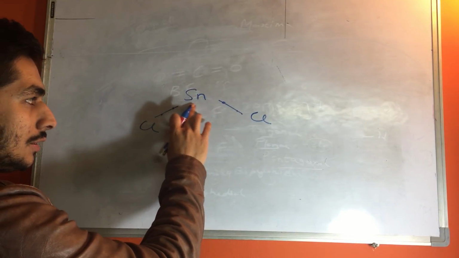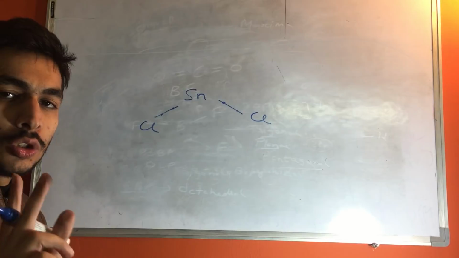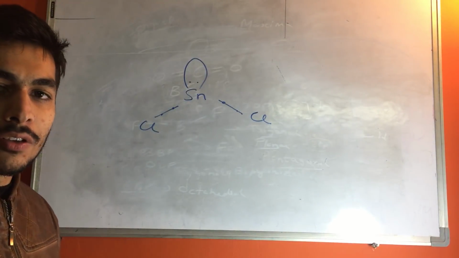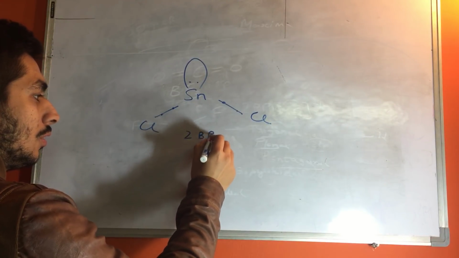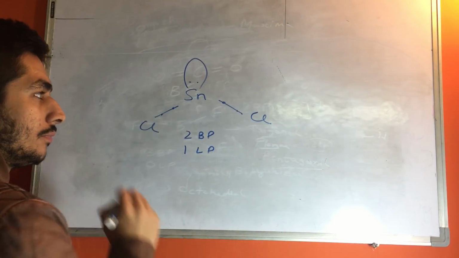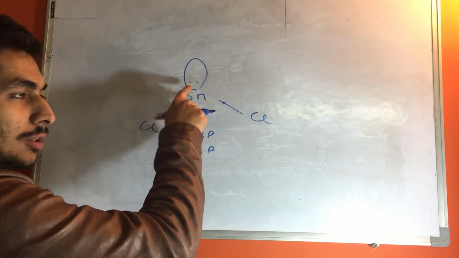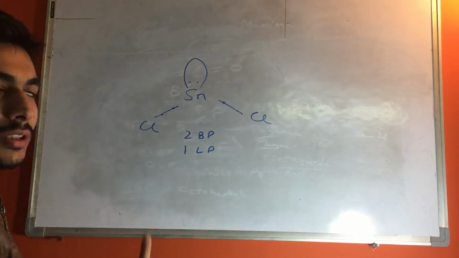So the tin is giving 2 electrons, which means it has 2 electrons which are not participating in bonding. So these are the lone pair of electrons. So this structure is basically 2 bond pairs plus 1 lone pair, because there is a pair of electrons that is not participating.